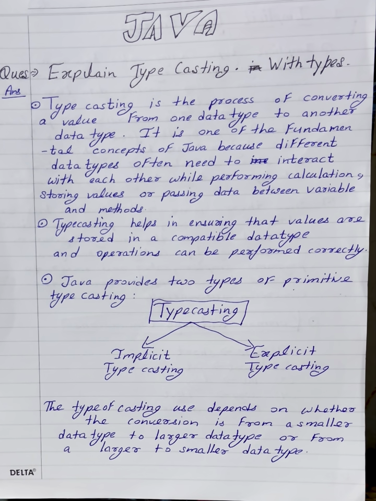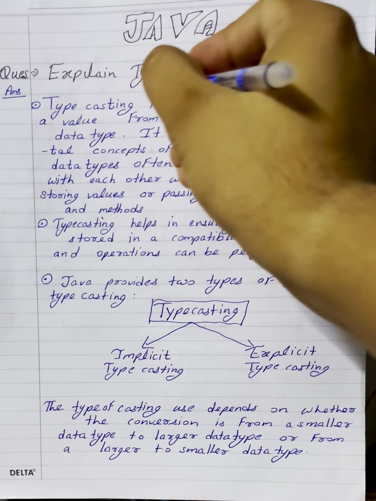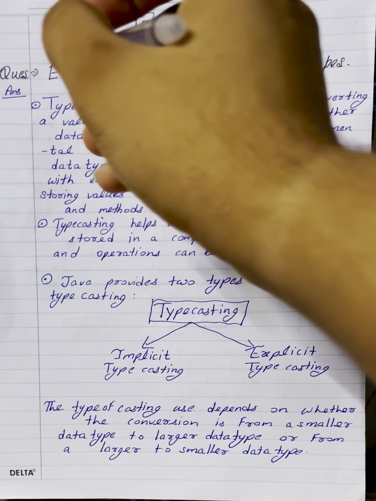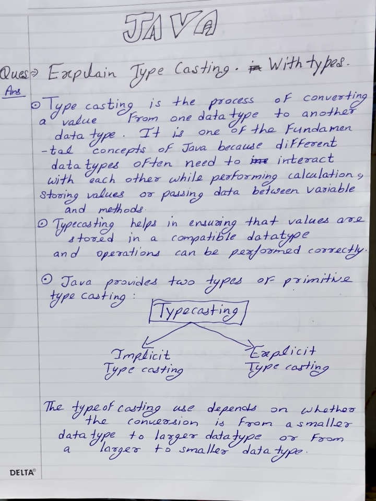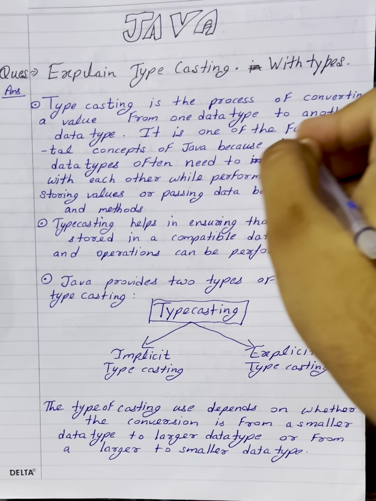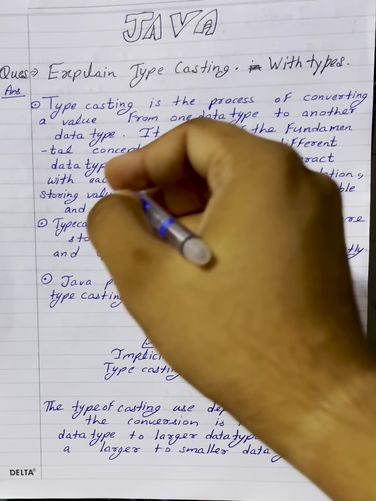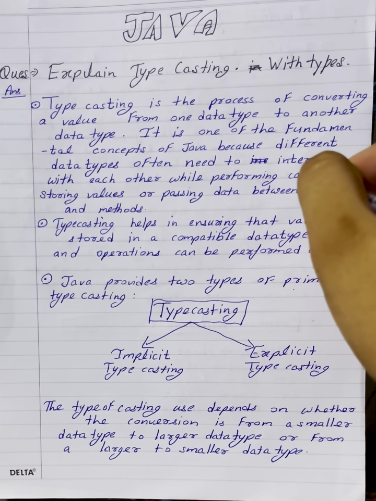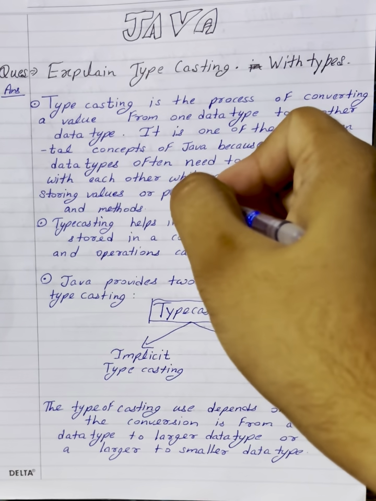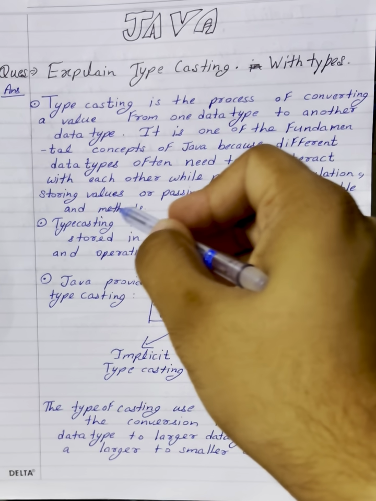So, today's question is about typecasting. So, this is the question. Guys, as you know, typecasting is the process of converting a value from one data type to another data type, and it is a fundamental concept of Java because different data types often need to interact with each other while performing calculations, storing values, or passing data between variables and methods.